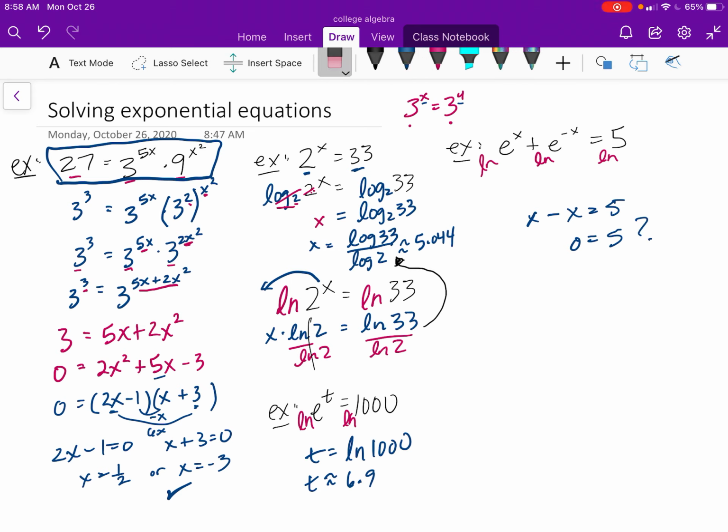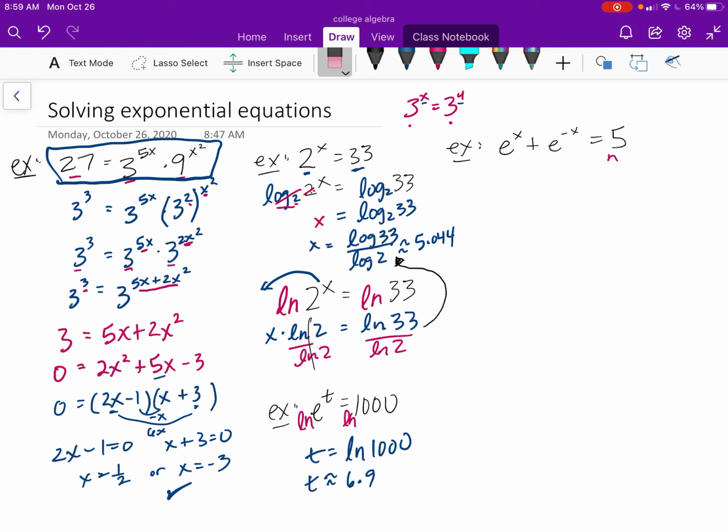Okay, here's the problem. When you do ln on both sides, you're doing ln of this entire thing, and you cannot distribute. We had properties where if it was multiply in here, we could use the product rule and change it to ln e^x plus ln e^(-x), but it's not, it's a plus.